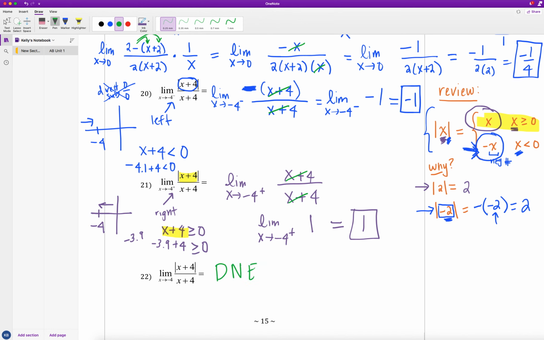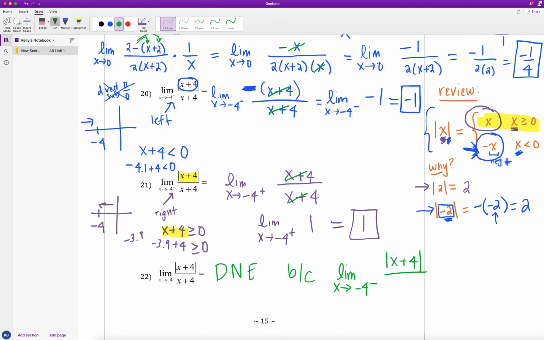Remember, DNE is does not exist, and the reasoning is because the limit from the left doesn't equal the limit from the right. But let's talk about how we're going to properly justify that. So if I'm properly justifying the limit from the left doesn't equal the limit from the right, then I have to rewrite out the entire problem again.